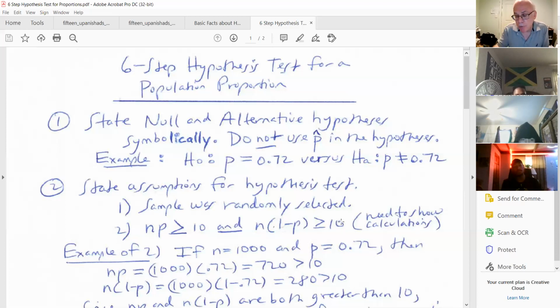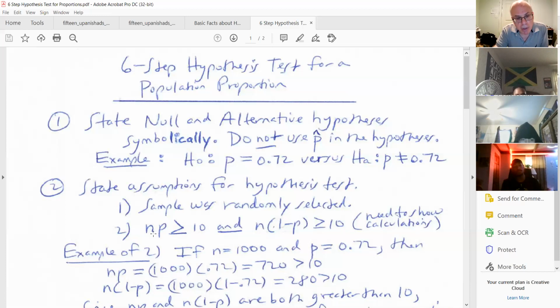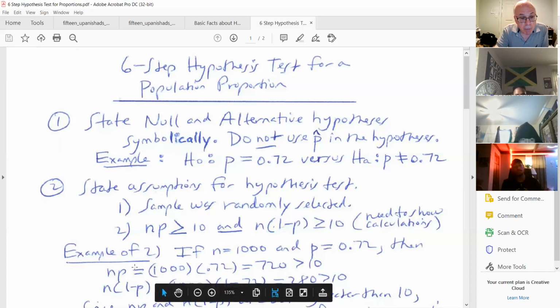Now for proportions, here is the calculation you have to do in addition to it. You have to take the n, the sample size, and multiply it by the hypothesized proportion, not the sample proportion, but the hypothesized proportion, in this case, 0.72. So if n is 1,000 and p, the hypothesized proportion, is 0.72, you get 720.